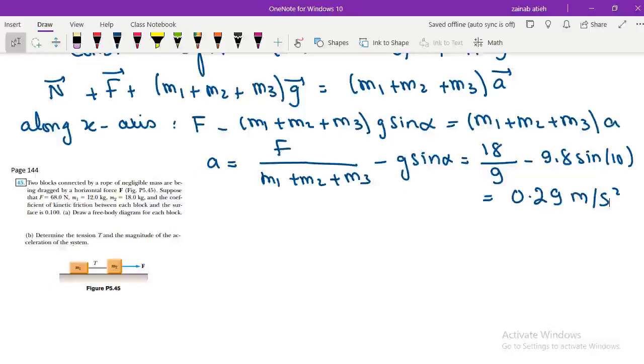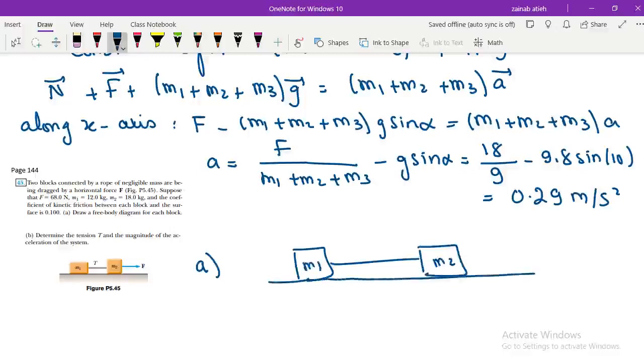He says draw a free body diagram for each block. So I will draw here. This is part A. This is M1 and this is M2. For M1, I have friction. So for block 1 we have N1, we have the weight which is M1g.